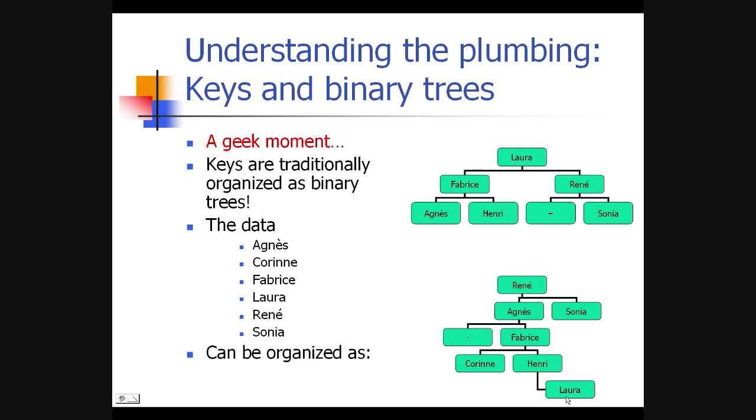But it means that if we want to access all the records of this tree, we'll need to go through 5 different levels, which means that it's going to be slower than here, where we have only 3 levels to manage. The difference is just the order in which the records were added to the file.